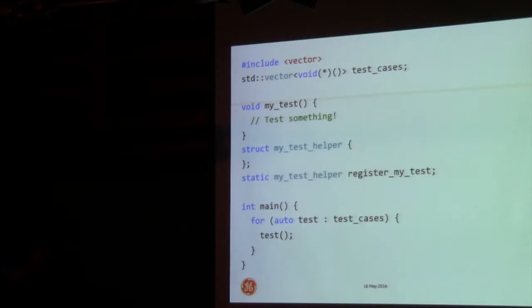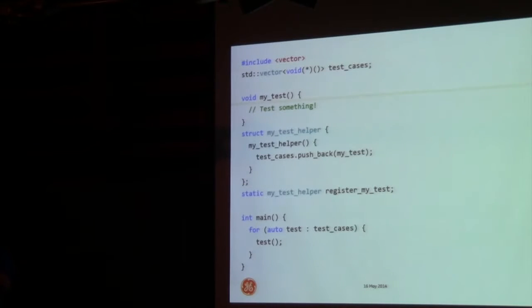I have to create an instance of my struct, so that when the runtime gets initialized, the constructor will be called, and then the constructor can register. Here I've added the constructor. The constructor calls push_back on the vector and pushes the test back.